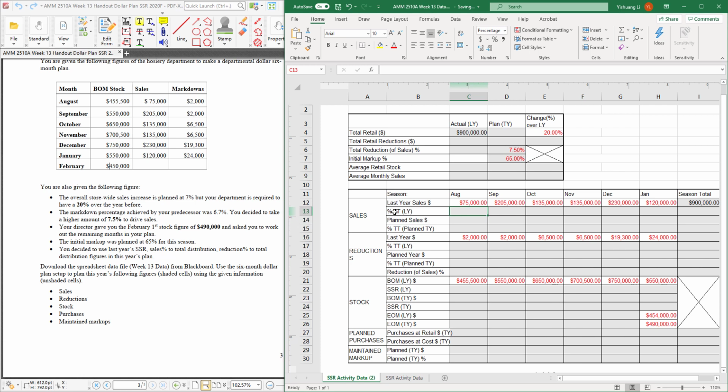So TT indicates this is a distribution to total row. So what we can do here is to put the monthly, the August sales number over the season's number. Okay, because we would like to apply the same formula to the row, we actually need to fix the total cell here using the dollar signs.